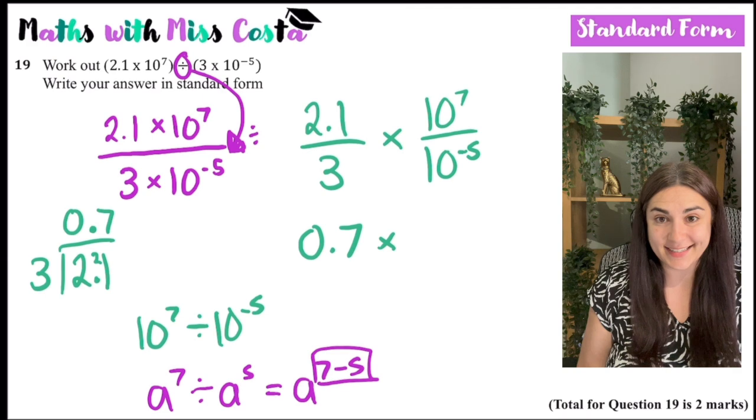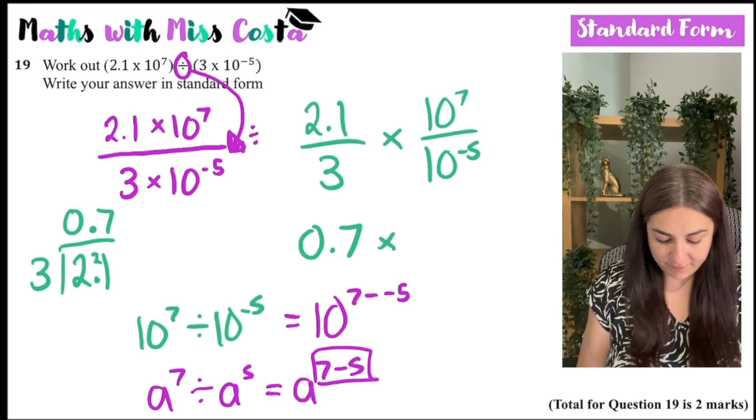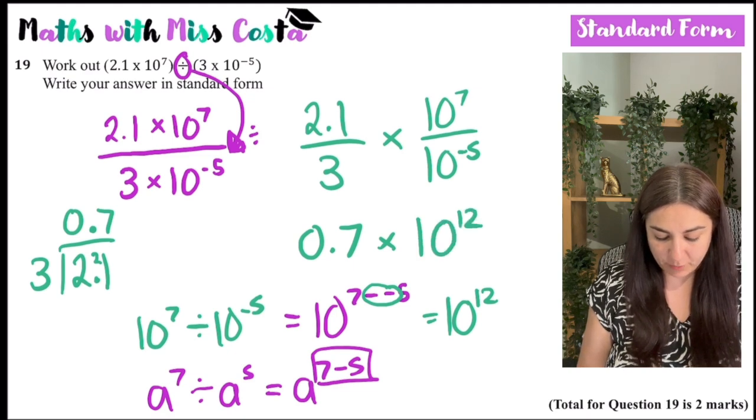So when you're dividing indices, you subtract the powers. So I'm going to need to do 10 to the power of 7, take away minus 5. And when you're taking away a negative, you add them. So that would become 10 to the power of 12. So 0.7 times 10 to the power of 12.